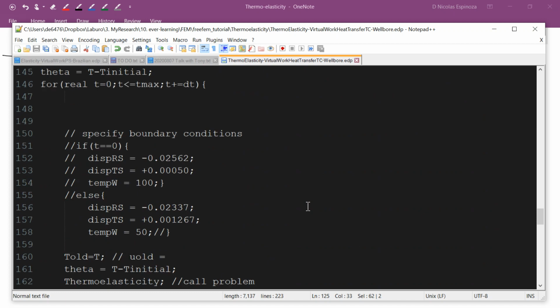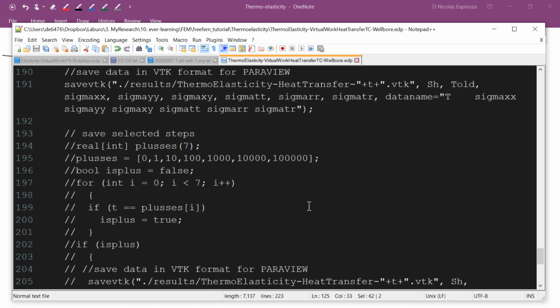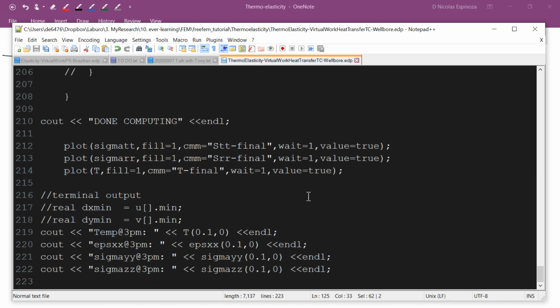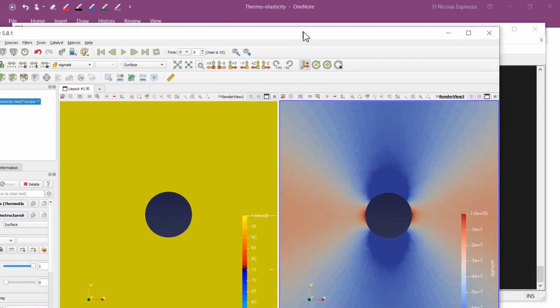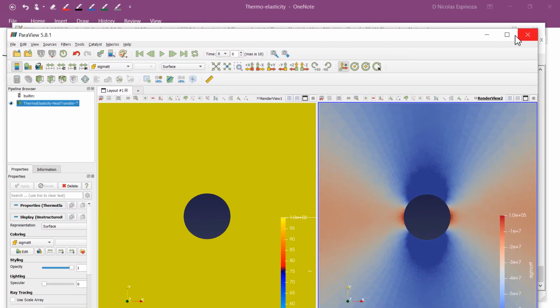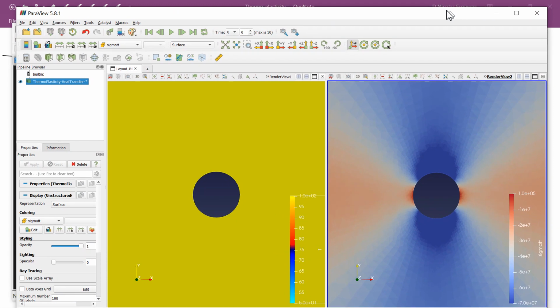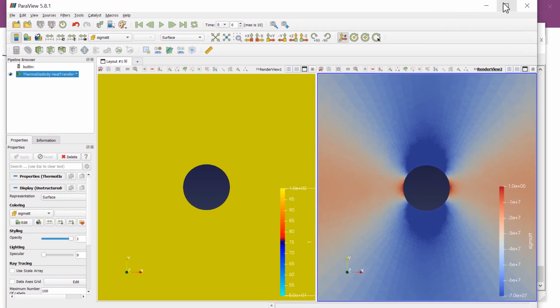Okay, so by running this problem, we can obtain the solution. And I have already run this problem, and looking at the solution is not that easy to do in FreeFEM itself. So that's why now I have used ParaView in order to see the solution of this problem a little bit clearer.